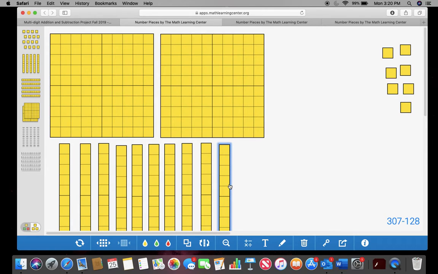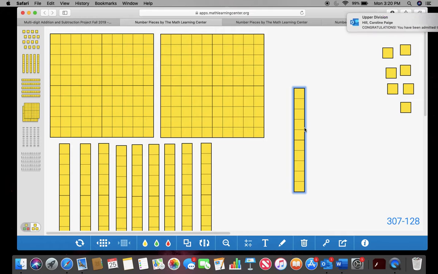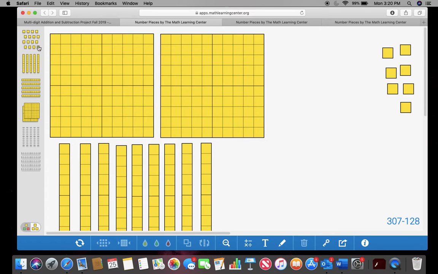So we'll take one of these and, well, I shouldn't say break up, we should regroup them, into 10 unit blocks. 1, 2, 3, 4, 5, 6, 7, 8, 9, and 10.